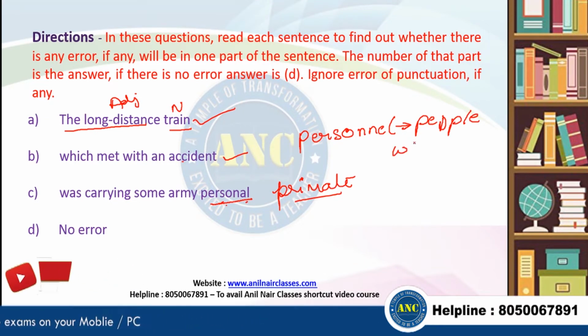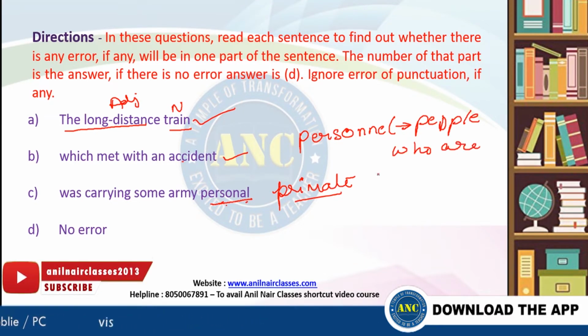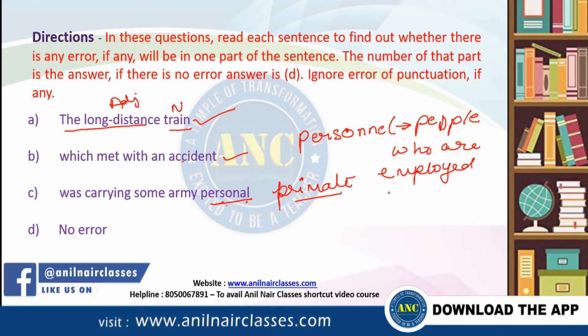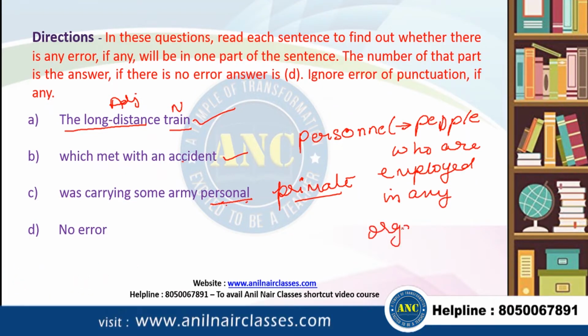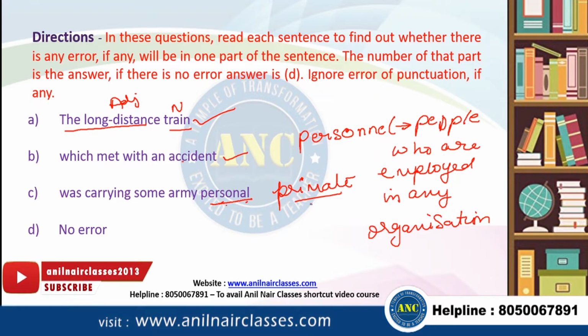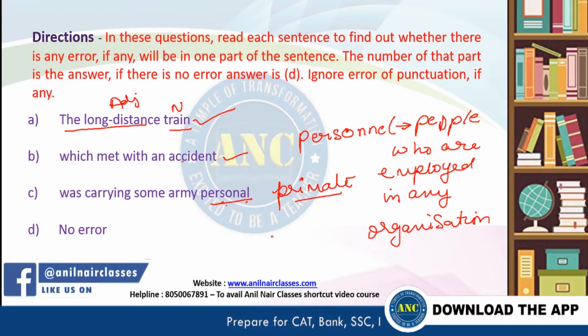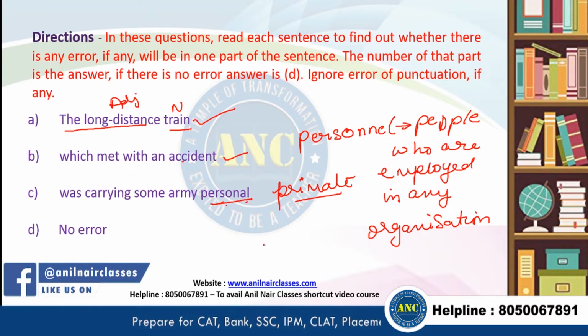People who are employed or are working in any organization. So now here, are you really talking about something which belongs to you, something which is your own thing, or you're talking about the people who are working in army?